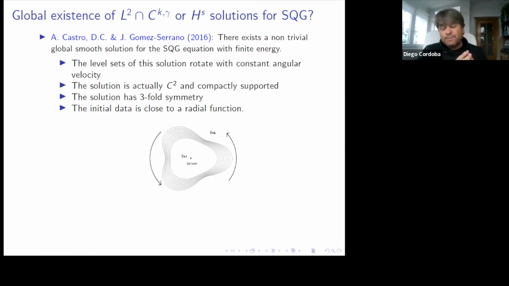They're very close to a radial profile. And what these solutions do is that they rotate with a constant velocity, and the shape of these profiles does not change. So the H^s norm, the C^k norm remains the same.